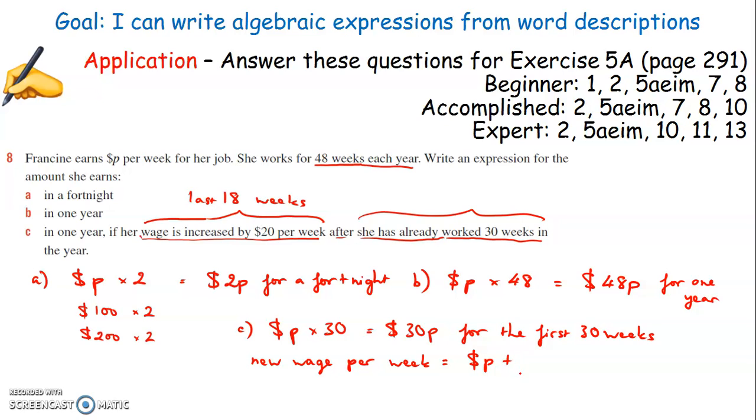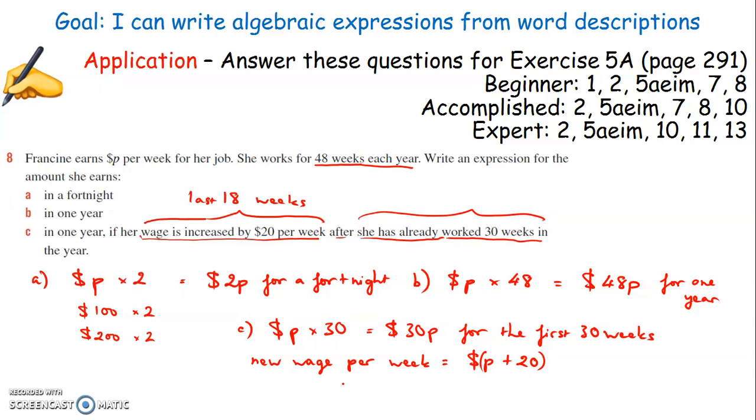Increase is addition, so increase by 20. Now whatever she earns, she gets $20 more. So plus 20, and we have to put this in brackets because it's one group. If she used to earn $100, now she earns 120. If she used to earn 200, now she earns 220. So it's one group together.